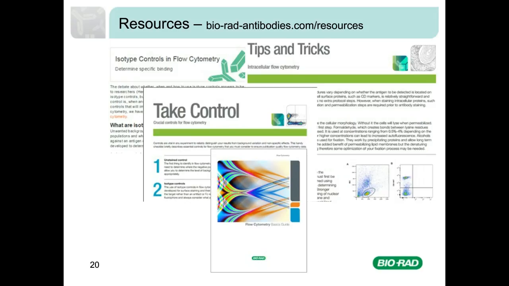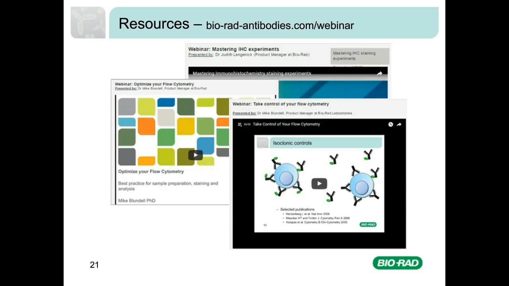In addition to this flow cytometry webinar, in our resources section we have 2 other flow cytometry webinars, including one on controls, essential for all flow experiments. We also have application-based webinars on topics such as mastering IHC and immunoprecipitation. And we have research area webinars covering areas such as apoptosis, all available to view on demand.